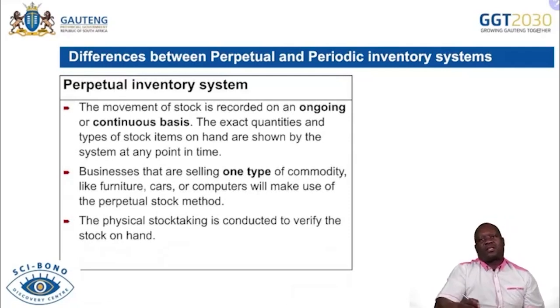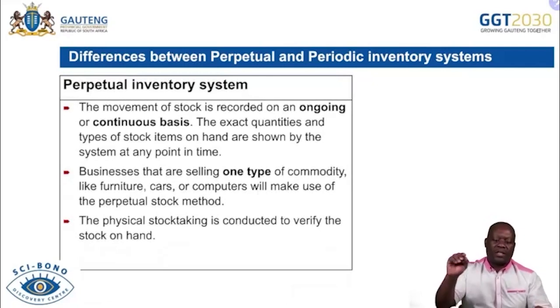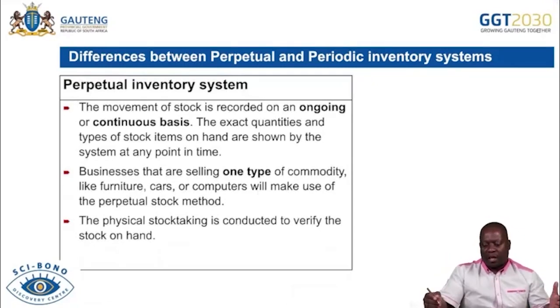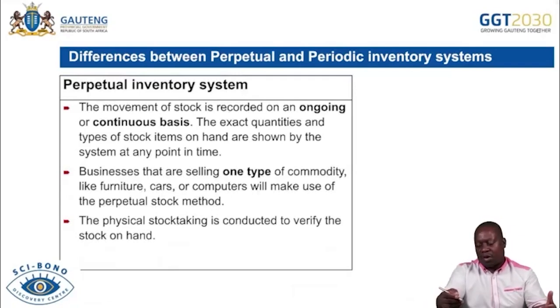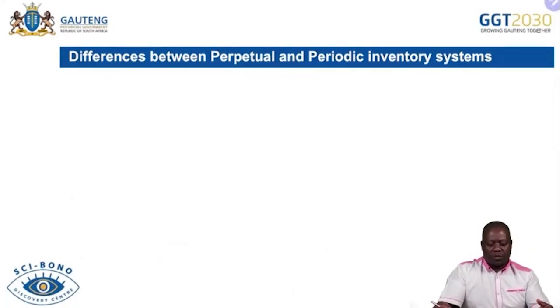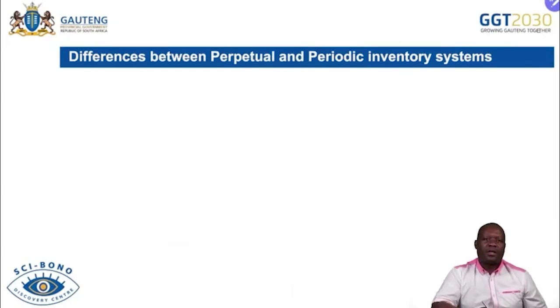So this is done for verification purposes. We want to verify if what our system is showing is what we really have. So you can see here, we can use the perpetual inventory system when we are dealing with items such as these vehicles.